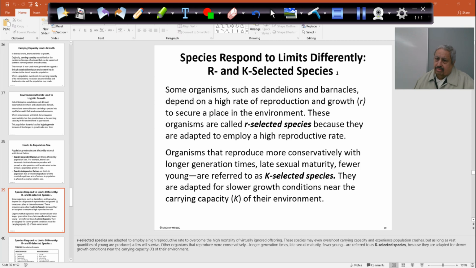Species respond to limits differently. We have two series of species, one called R, the other one K. That's just a symbol for those.